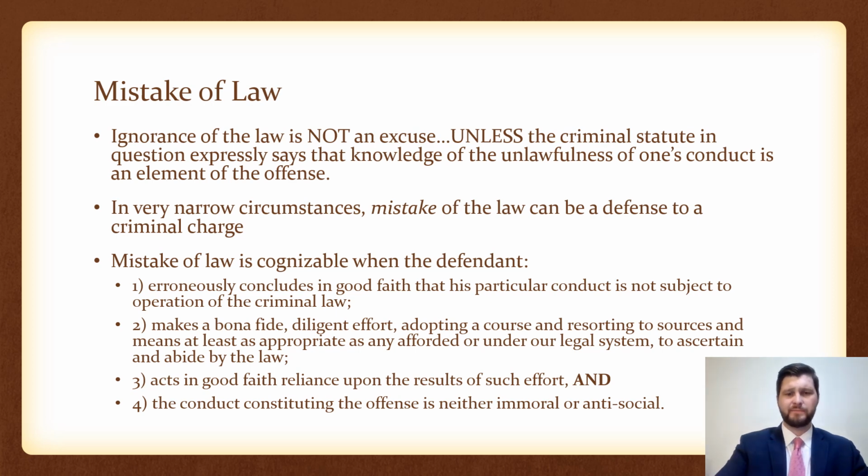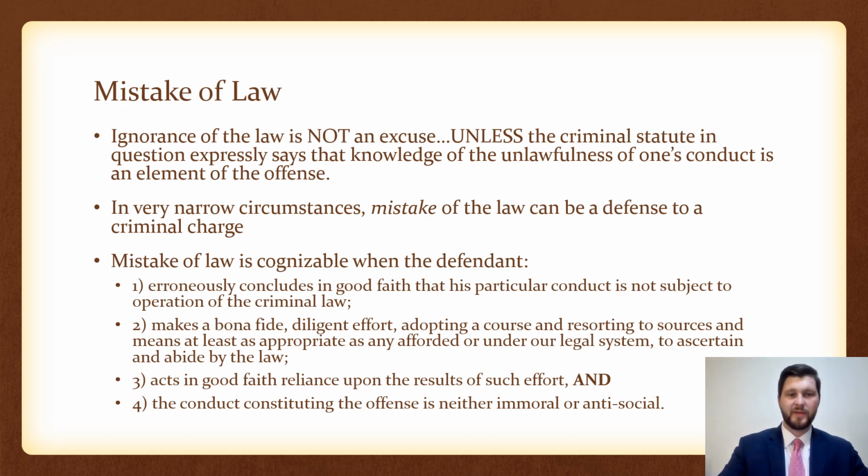But you'll see a big fat bold 'and' at the end of number 3 here under the elements of mistake of law. That means that all 4 of these have to be met. So if you look at these, number 1 is that they erroneously conclude in good faith that whatever their conduct is, it is not subject to operation of criminal law.